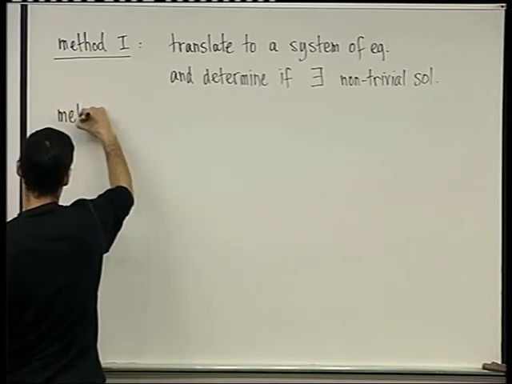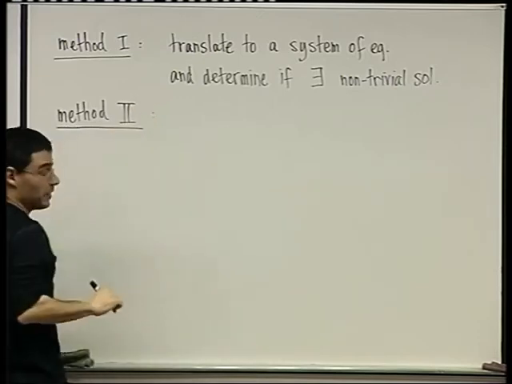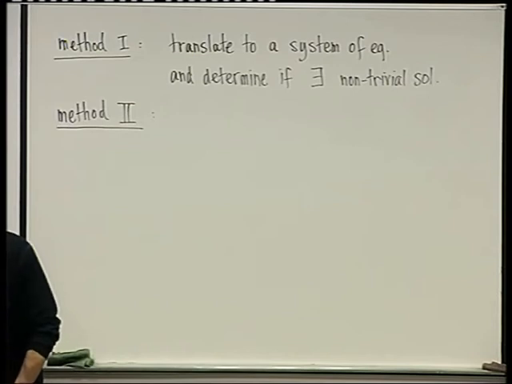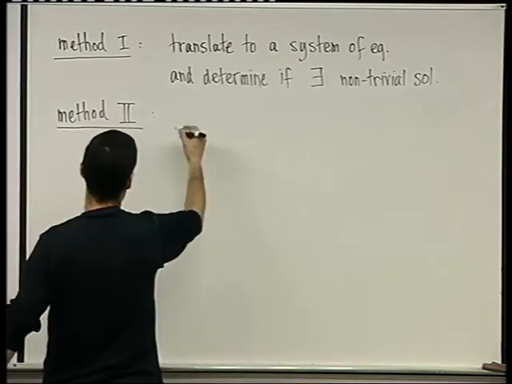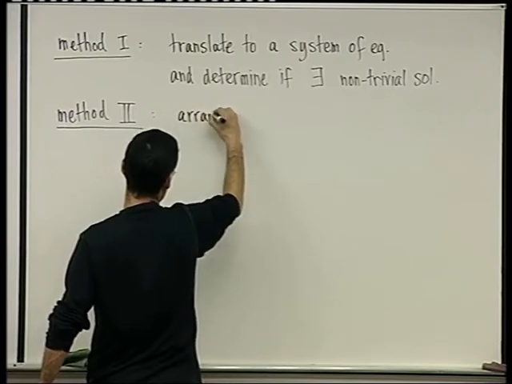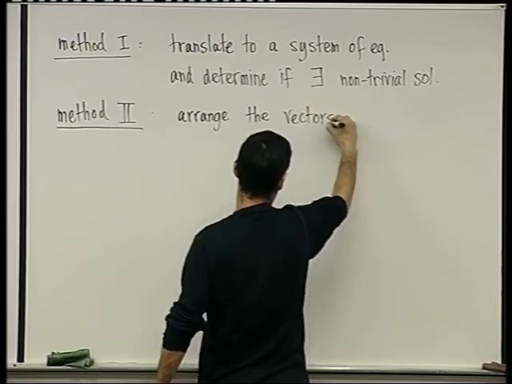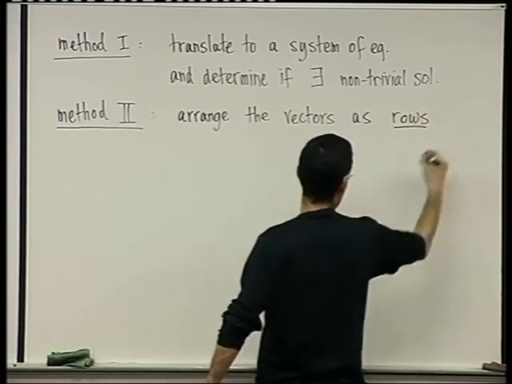Method 2, for answering the same question, is a set of vectors linearly independent? So method number 2 is going to be: arrange the vectors as rows in a matrix.